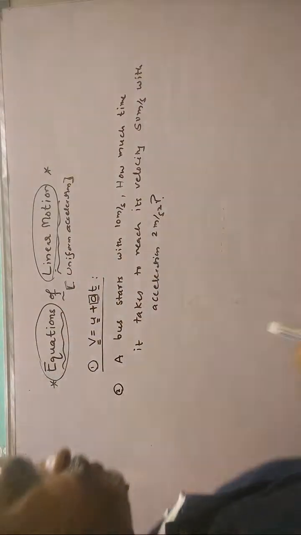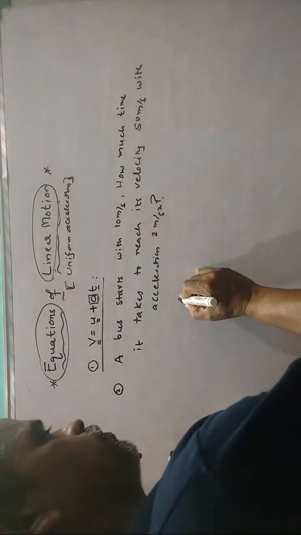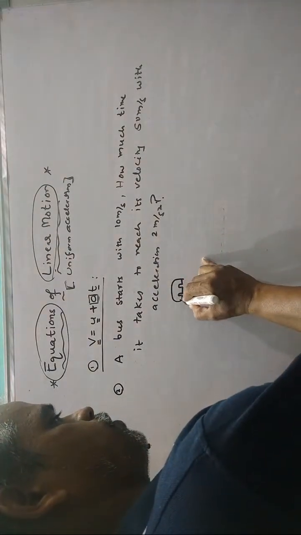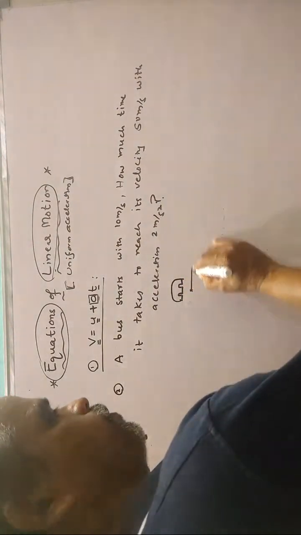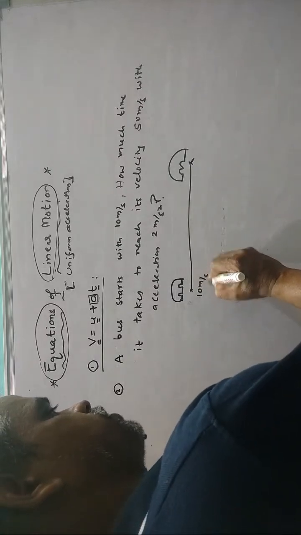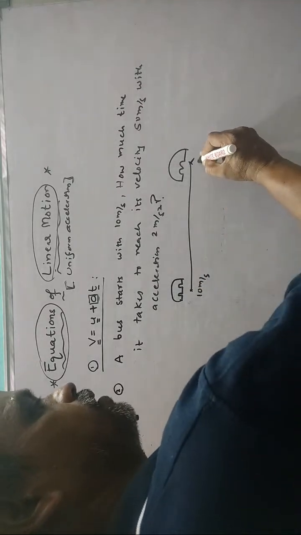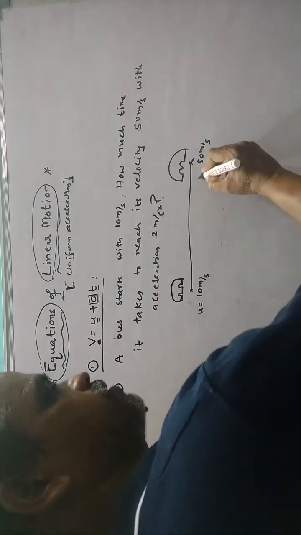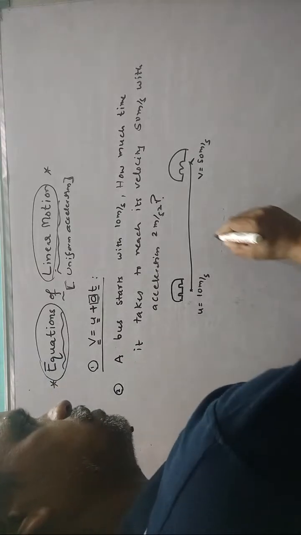This is the question. So here, this is the bus. What happens here? 10 meter per second, here 50 meter per second. This is initial velocity, this is final velocity.